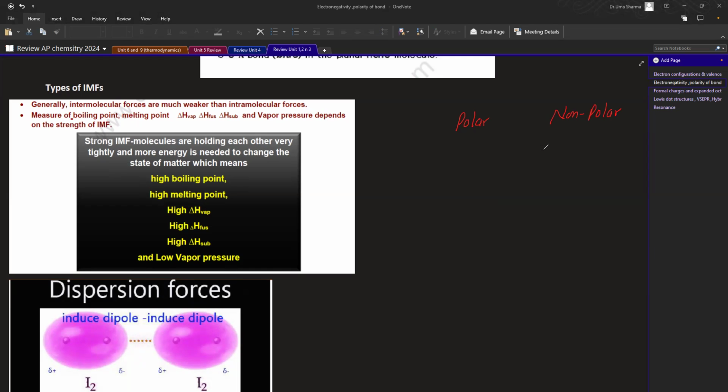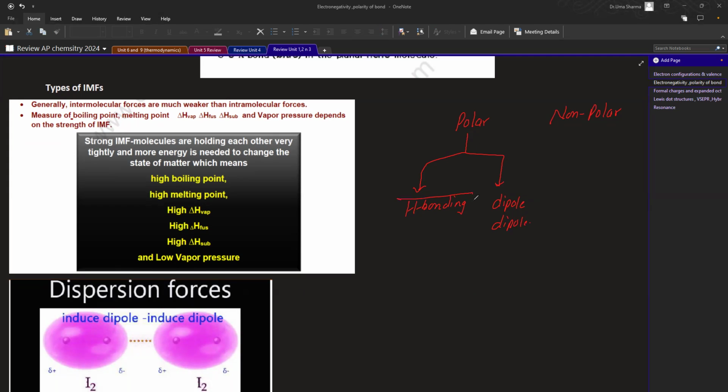But if it is not symmetrical, atoms are different, polarities are different of the bonds or the lone pairs, then the molecule is polar. If the molecule is polar, then you have to identify whether the molecule has hydrogen bonding. You know how to identify that? Or just dipole-dipole. If hydrogen bonding is missing, then you're going to call it dipole-dipole attraction.